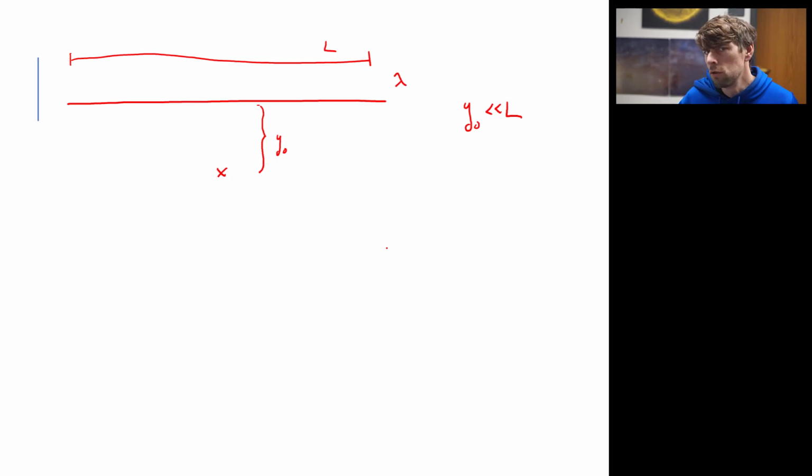Now, you know that the earth is actually a sphere, but because you're so close to the surface, in other words, your height above the surface is much, much smaller than the radius of the earth, the earth doesn't look round from our perspective. It basically looks flat.